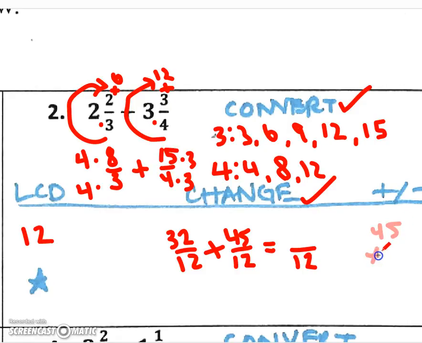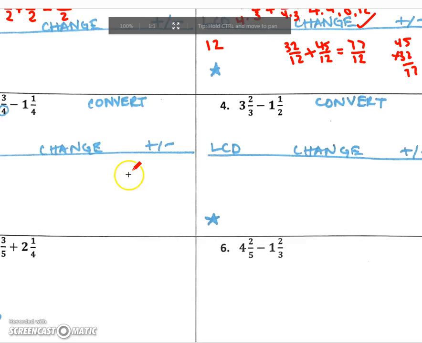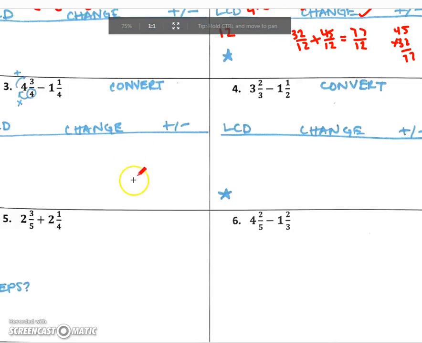Gonna go do that over here real quick. 5 plus 2 is 7. 4 plus 3 is also 7. Our answer, 77 over 12. Okay, so we've gotten 2 of our answers.